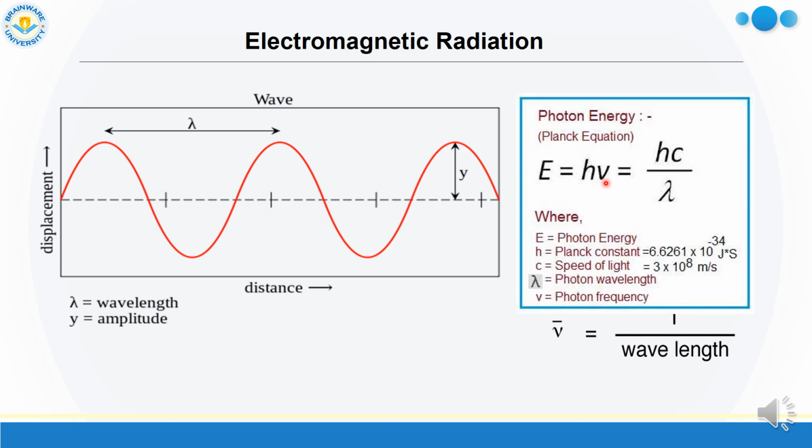Now nu is equal to c by lambda, where c is the speed of light, 3 × 10^8 meter per second. Lambda is the wavelength. Now from this formula, you can see that energy of light is directly proportional to the frequency of light, but it is inversely proportional to the wavelength of light. That means if the wavelength of light increases, the energy of the light decreases.